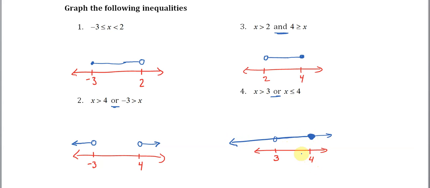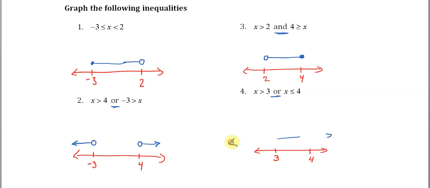And normally you would say, whoa, that seems really weird. But actually, this is kind of a weird statement, because you're saying you could be bigger than 3, so that's a lot of different numbers, or you could be less than 4, so that actually covers all of the other numbers. So in this case, we can actually erase the little circle there, and we erase that big dot right there too.